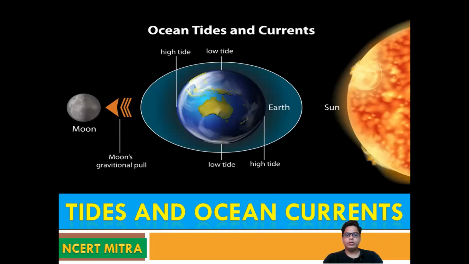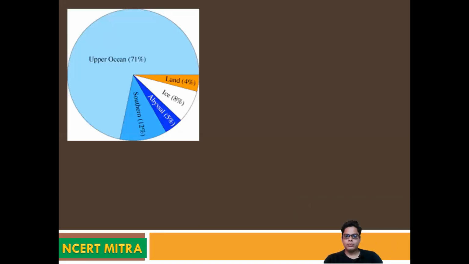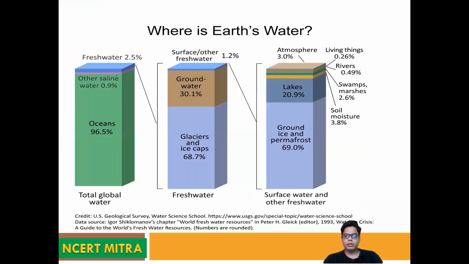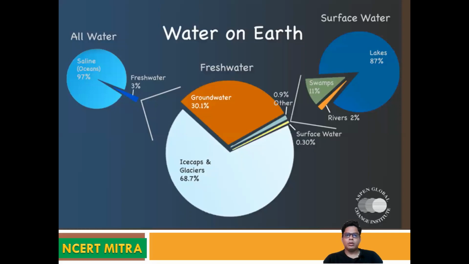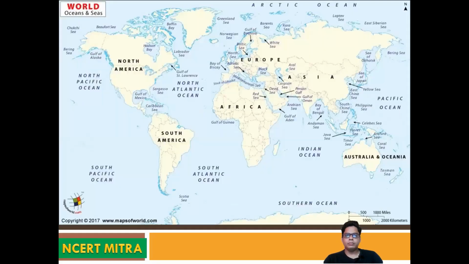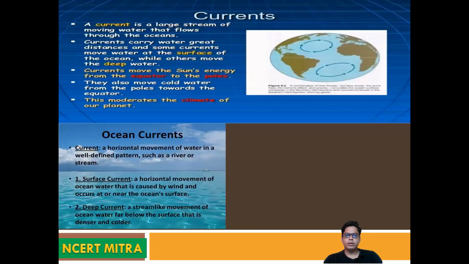In the previous two videos, we already discussed and started a new chapter, perhaps you know, that is the ocean tides and currents. In there, we discussed a lot of things: the ocean, the quantity of water on the atmosphere and on the earth, and different types of bays and seas.